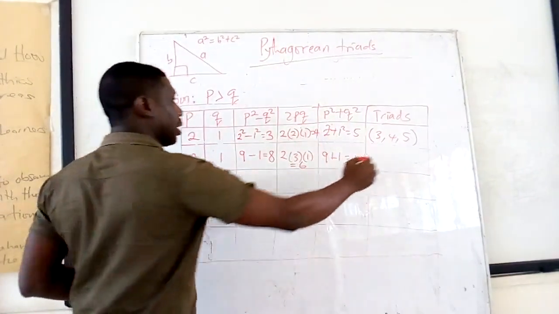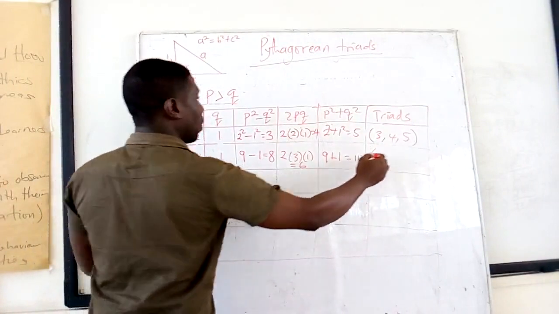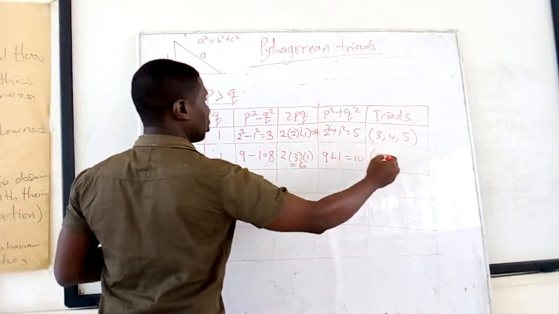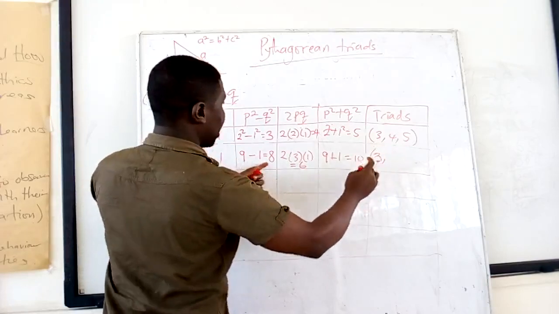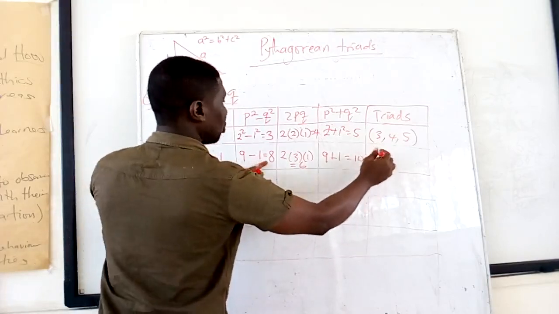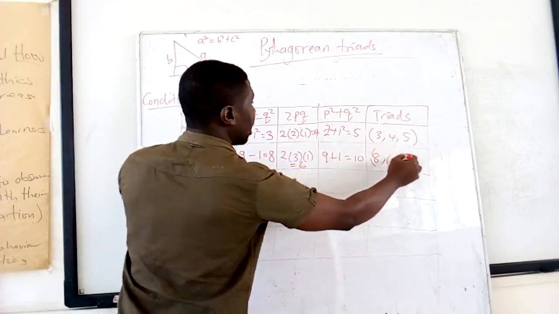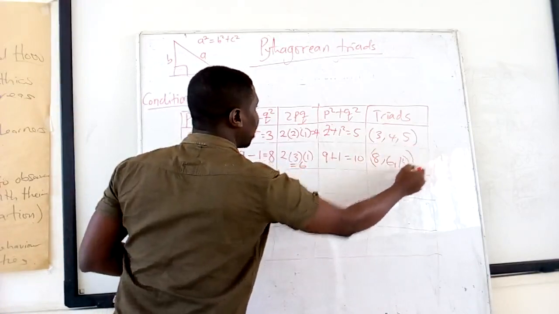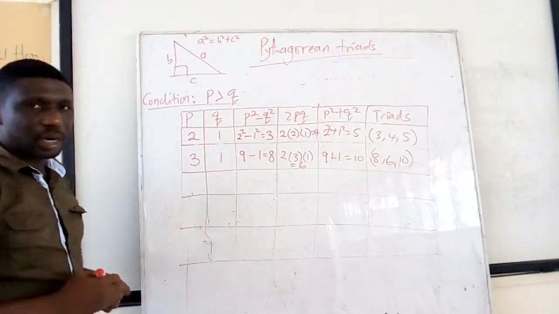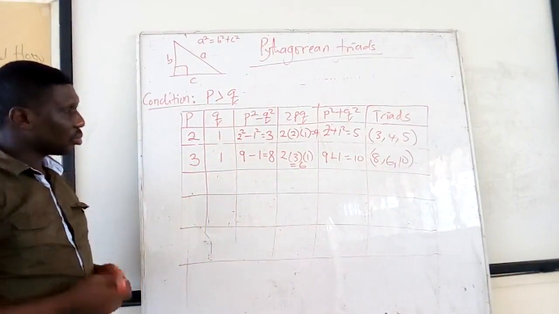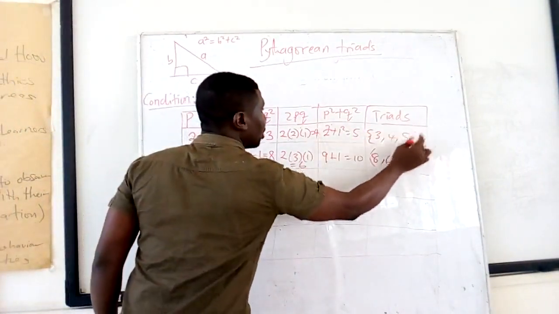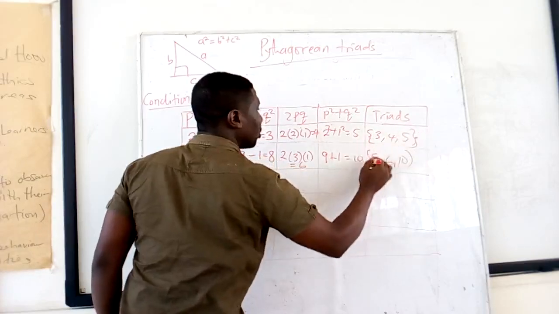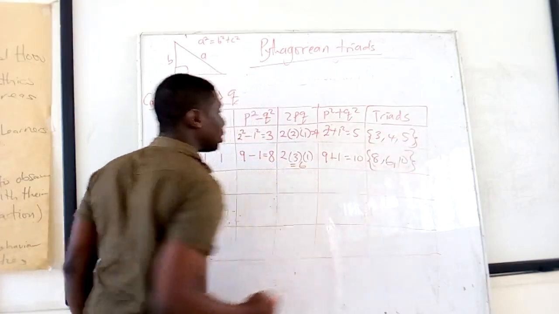So we can form another one, which is 8, 6, and 10. These also form another Pythagorean triad. Let me put them in sets form.